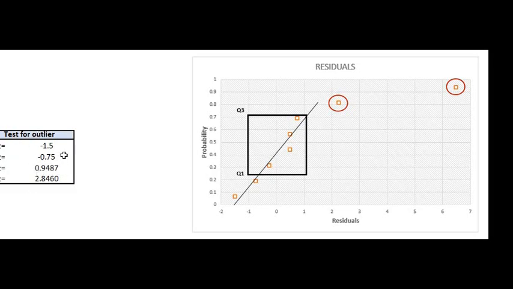So we test for outliers by calculating the residual minus the average, that in this case is 0, divided by the square root of the mean square error. We calculate this for these four numbers, and because none of these numbers is beyond -3 or +3, we can say that these data are not significant outliers, and that they are not outside of our linear trend.